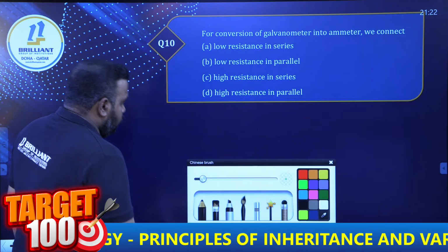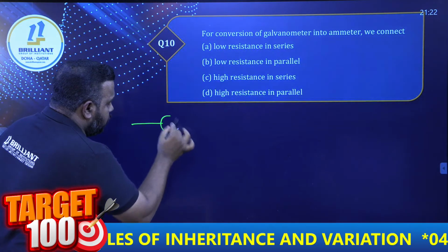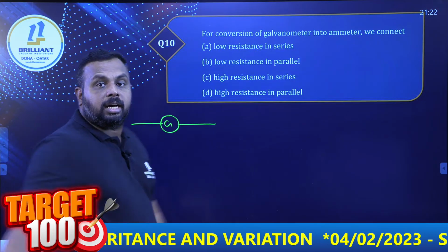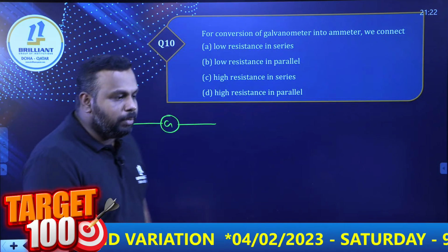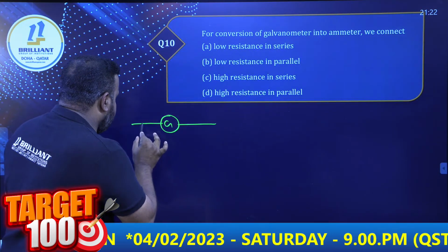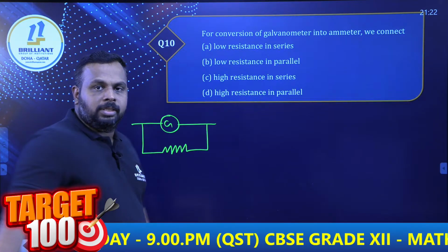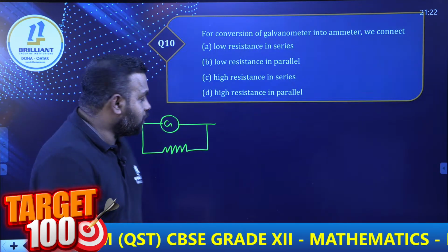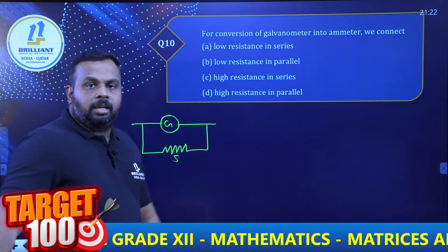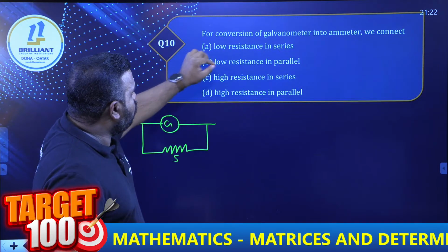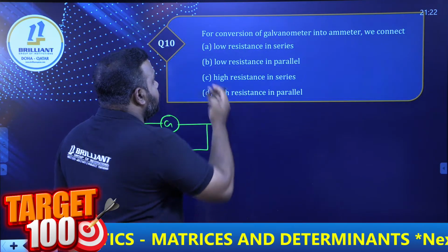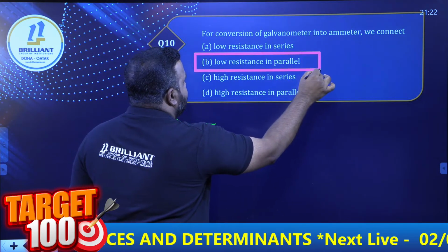Which is the right answer? Yes. You can convert this galvanometer into an ammeter by connecting a low resistance in parallel, shunt resistance, right? Low resistance in parallel, S. So B is our right answer.